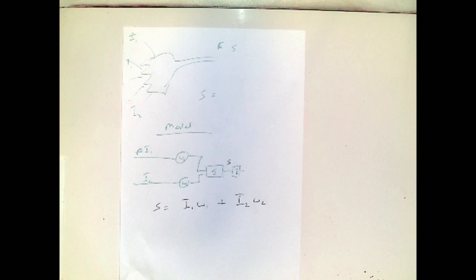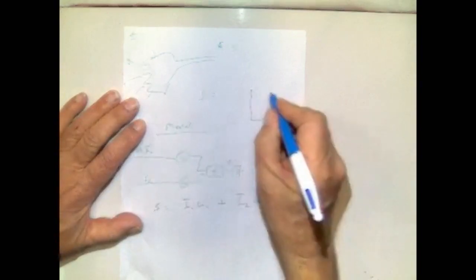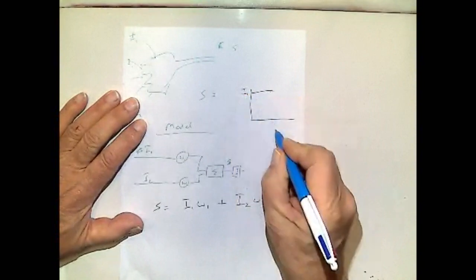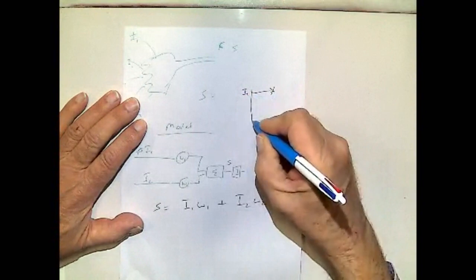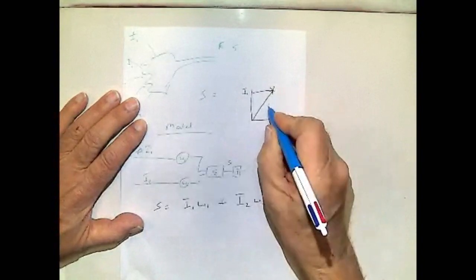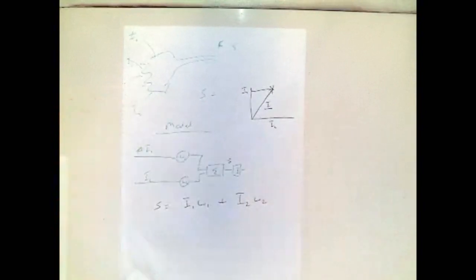I can regard I1, I2 as a point in two-dimensional space, and the vector is the distance from the origin to that pattern point. Draw it. There is a point. There's the measurement I1. There is the measurement I2. There is the pattern point, and the vector is that line. That is I. Same for the weights. They can be represented as a vector.